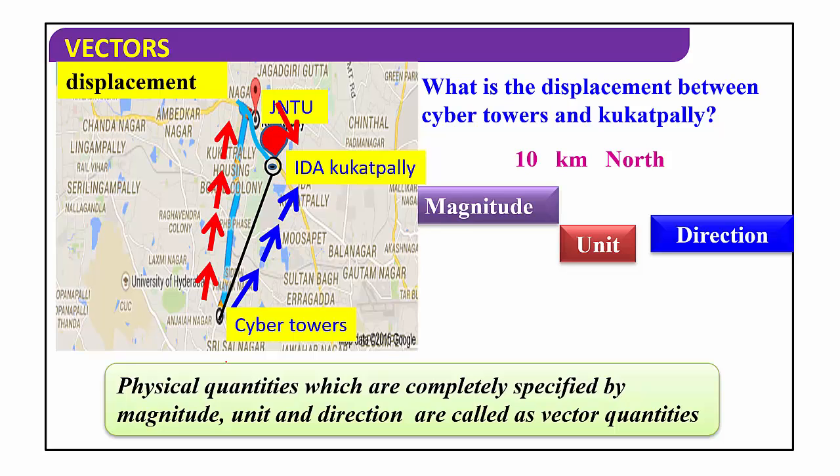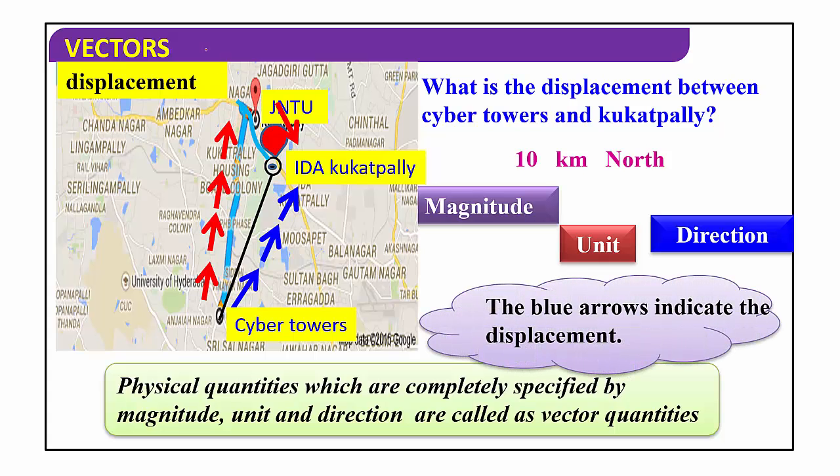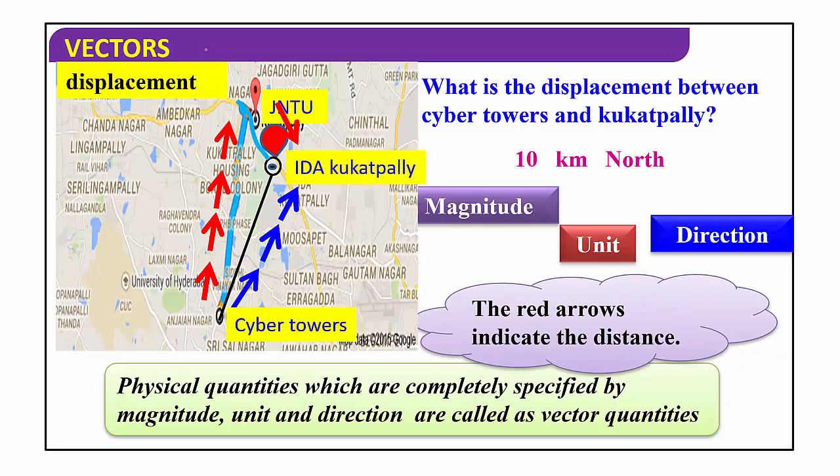So here again you can observe the map. To reach Kukatpalli from Cyber Tower, there are two ways we can consider. You can observe the blue arrow indicates displacement and the red arrow indicates distance. What is the difference between these two, blue arrow and red arrow?